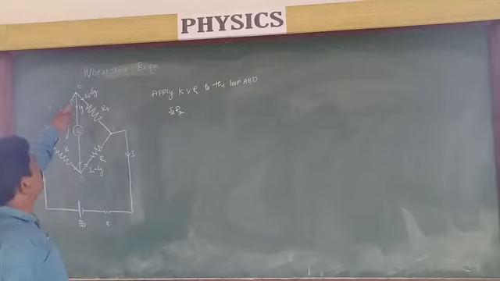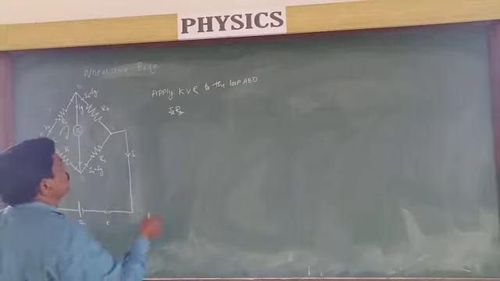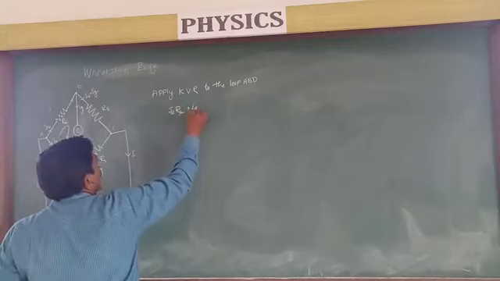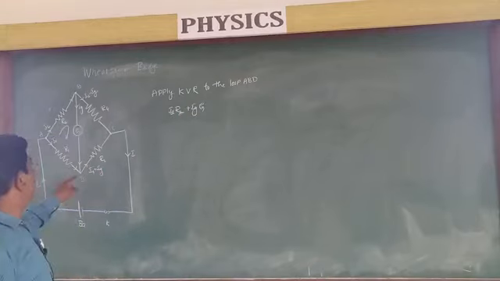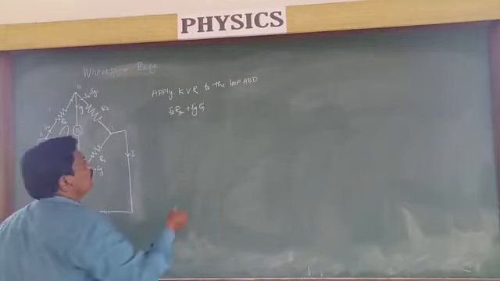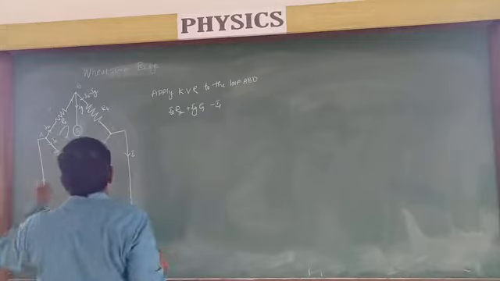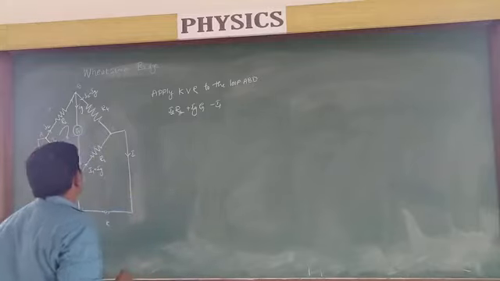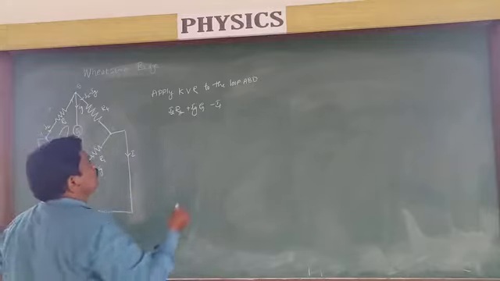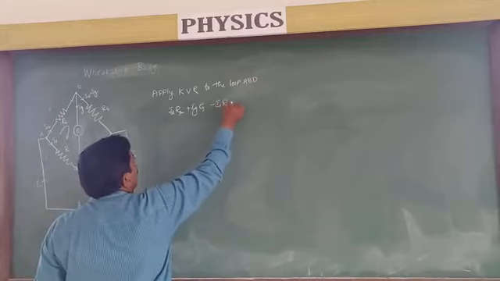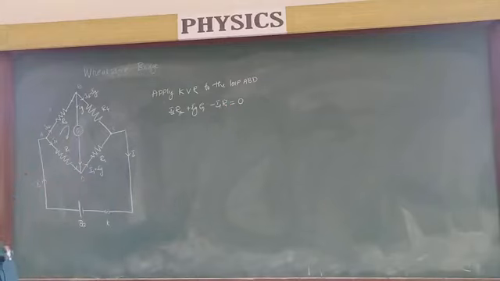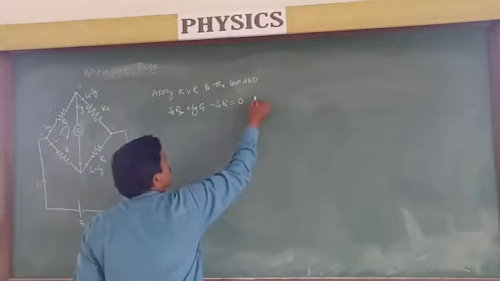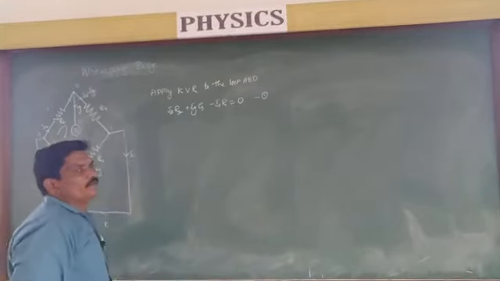Next, from B to D, the current is Ig and the resistance is G. Next, from D to A, the current is minus I1 because the direction of the current is opposite to the direction of the loop, so minus I1 into R1. There is no EMF in this loop, so we get 0. You can call this equation number 1.